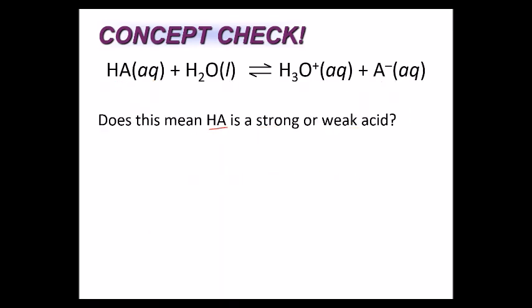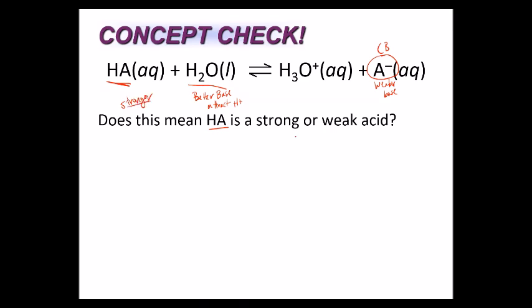So does this mean HA is a strong or weak acid? Recall those conjugate acid-base pairs then. We said water is the better base, or the stronger base, in terms of that ability to attract the H plus here. That means this one's the weaker base. So if we have a weaker conjugate base, the original acid must have been stronger.